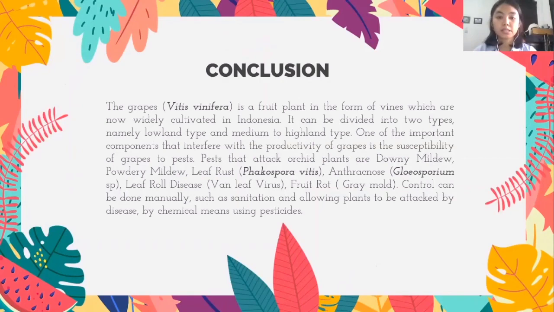From our presentation, we can conclude that grape is a fruit plant in the form of vines, which is now widely cultivated in Indonesia. It can be divided into two types, namely lowland type and medium to highland type. One of the important components that interfere with the productivity of grapes is the susceptibility of grapes to pests.